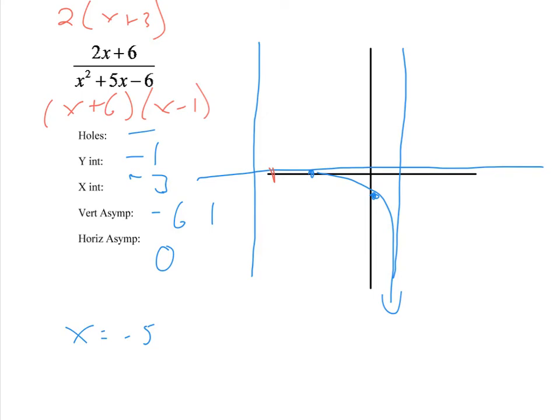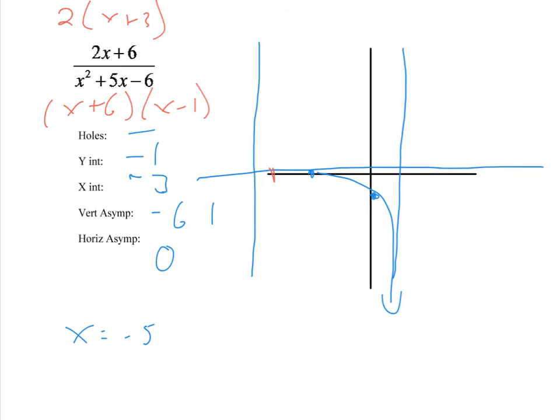And all I care really about right now is my sign. So I've got to figure out where I'm going, whether I'm going up like this, or whether I'm going back down like this. Okay, so we're going to throw in x equals negative 5.